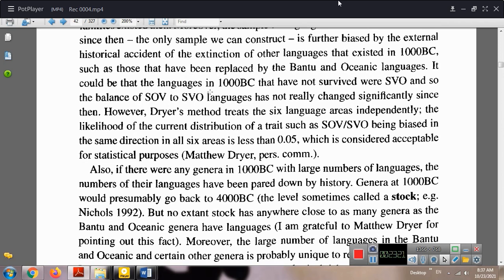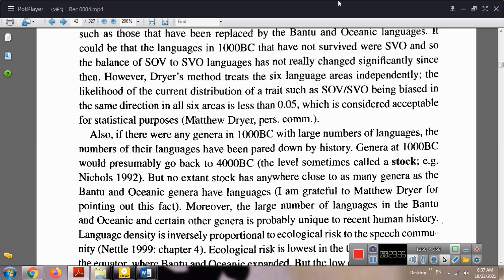It could be that the languages in 1000 BC that have not survived were SVO, and so the balance of SOV to SVO languages has not really changed significantly since then. However, Dryer's method treats the 6 language areas independently.